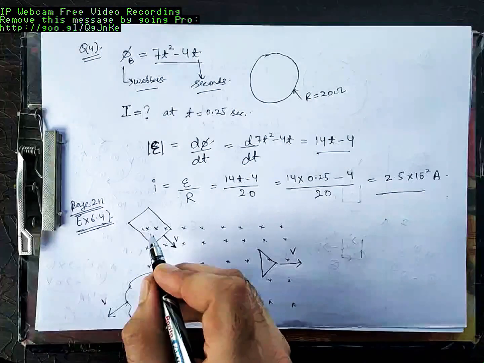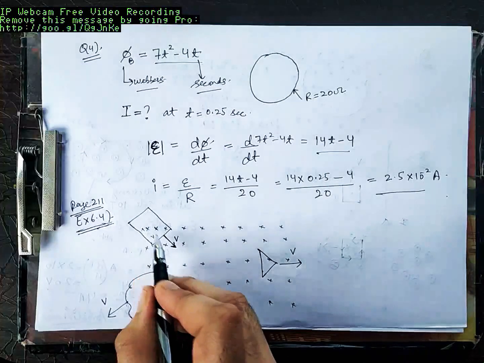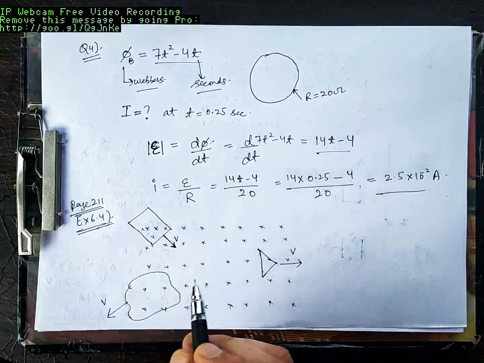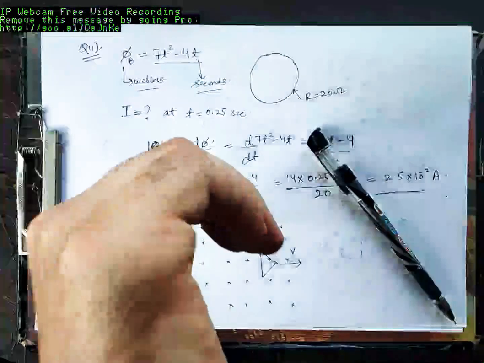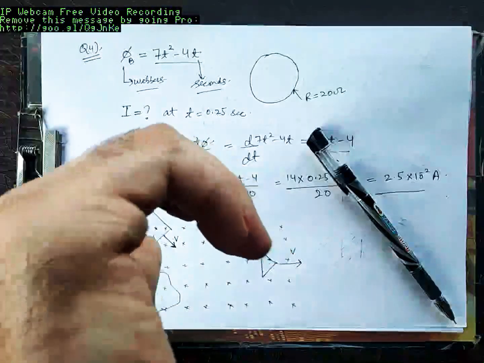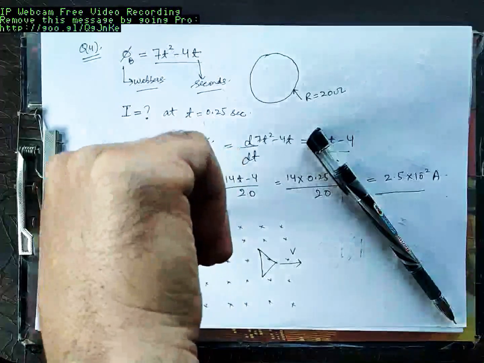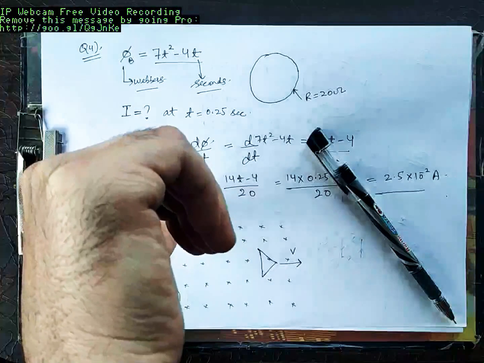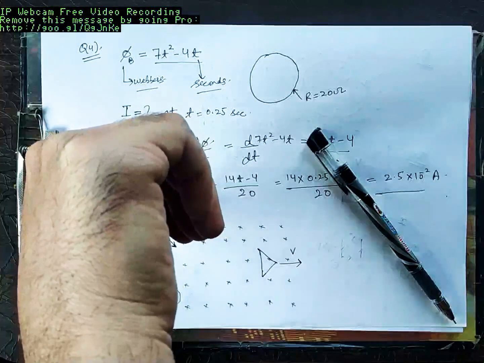The direction of current will be such that it opposes the cause. The cause was increase in flux. So current will be such that it opposes the increase in flux. Flux is into the plane of page and it is increasing into the plane of page. So it should have a current that produces a flux out of the plane of page.